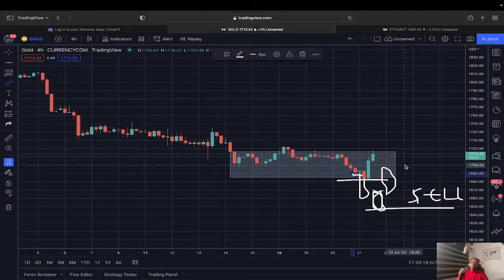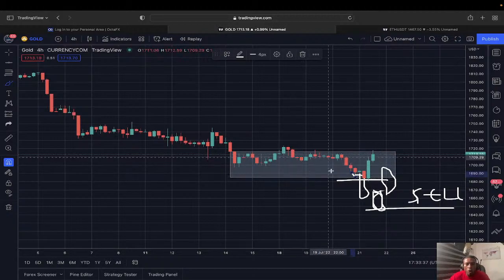That is why you want to be very careful to patiently wait to know which candle is a breakout candle and which is not. All right, so that is what you are looking out for.